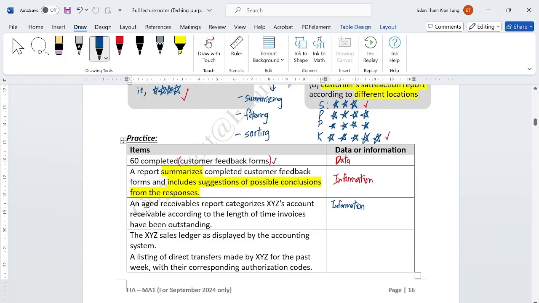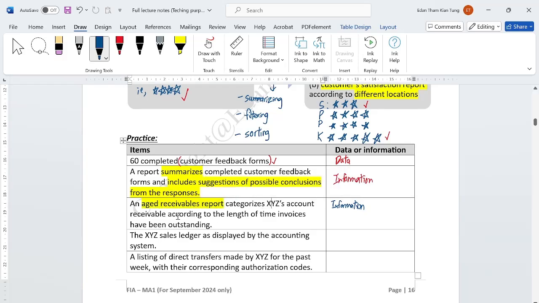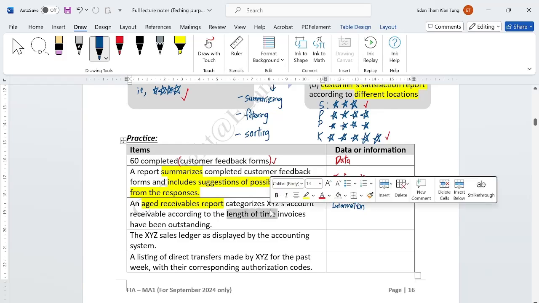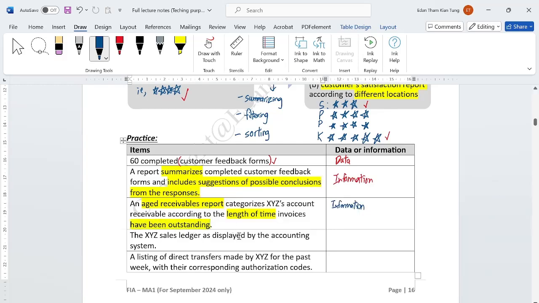An aged receivable report categorizes XYZ's accounts receivable according to the length of time the invoices have been outstanding. Anyone don't understand this statement? Basically, they classify their trade receivables into different categories according to how many days customers have still been owing us money.